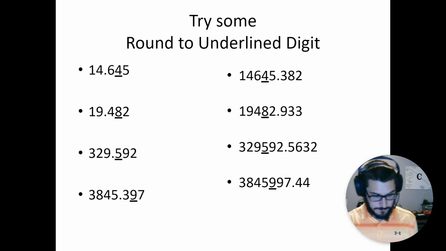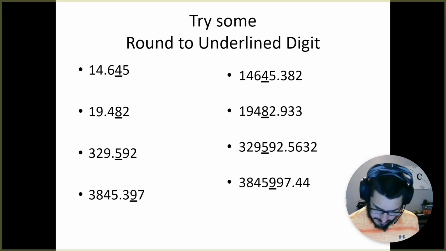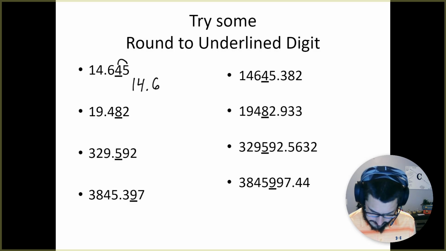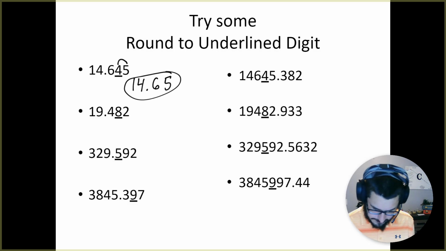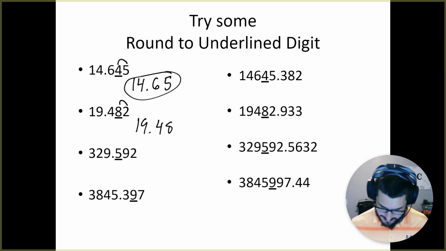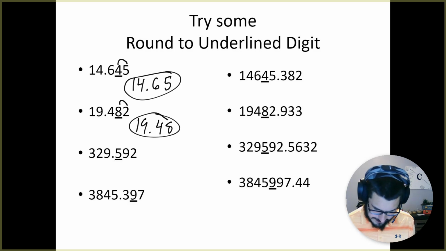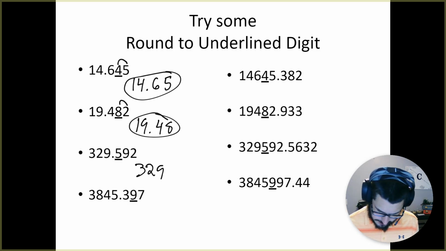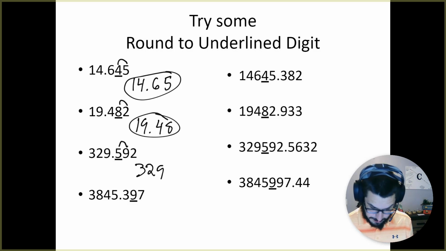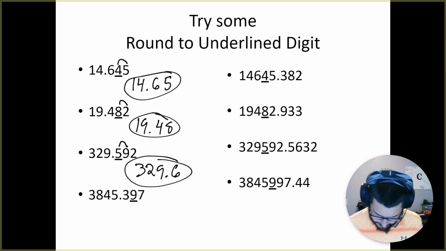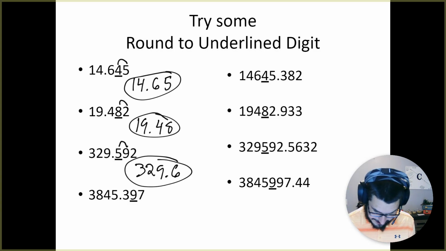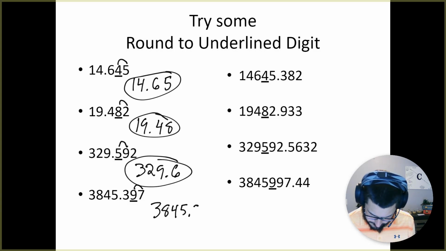All right, super cool. So we've got this one here is going to round to 14.65. This one here rounds 19.4 down to 8. Next, we've got 329. That's going to round up to 0.6. This one here, we've got a 9 that's going to round up, so 3845.39 is going to round up to 0.40.